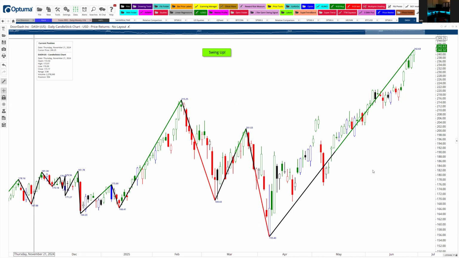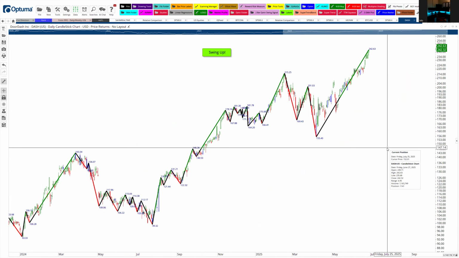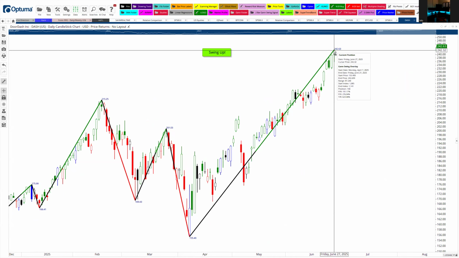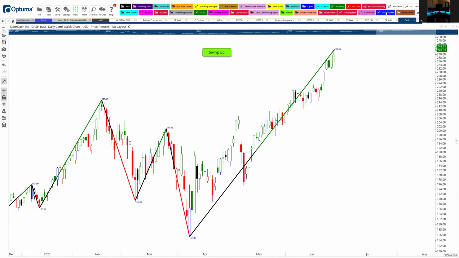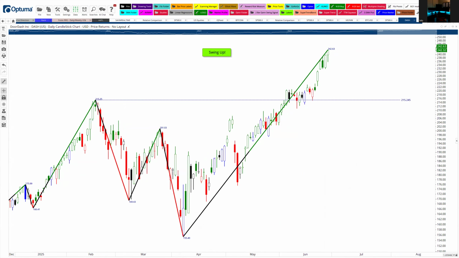Some crazy swing. I looked at it a couple of days ago and wondered if their business is really doing that well. Look at 155 to 242. You see what happens here? Look at this swing.